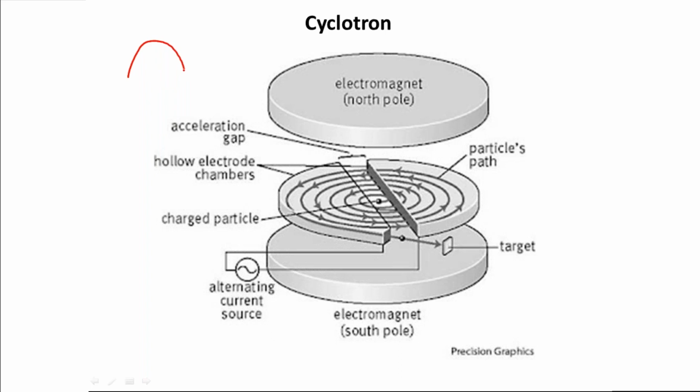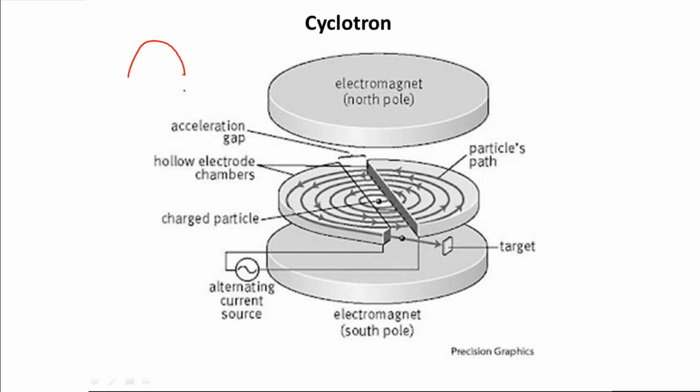Then what happens? Since the electric field is on, this gap will be crossed by the charged particle due to the linear force given by the electric field, and this is the extra energy it is gaining over here.